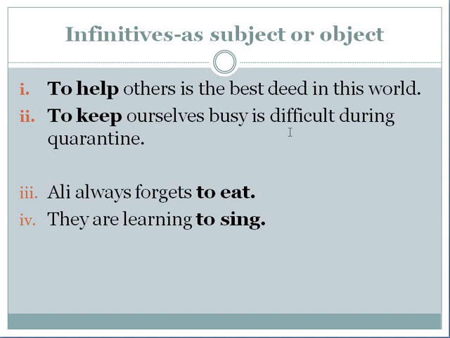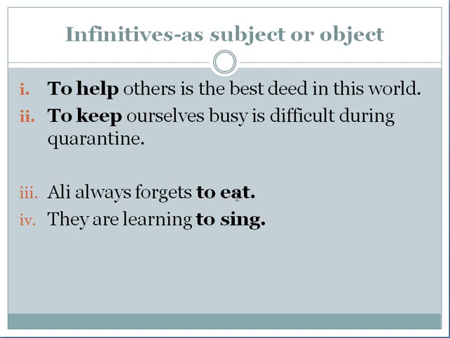This is really difficult for all the people who have nothing to do. It is very difficult for them to keep themselves busy. So in to keep ourselves busy, to keep is playing the role of a subject in this sentence, because a subject is something that always comes at the start of a sentence. To keep ourselves busy is difficult during current time. So this is again an infinitive.